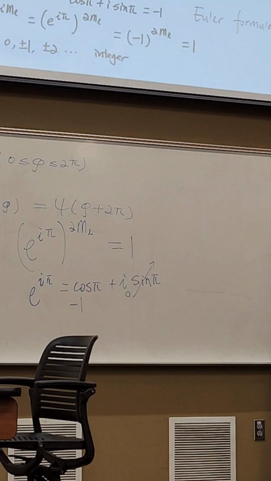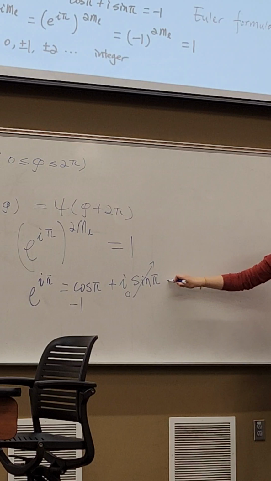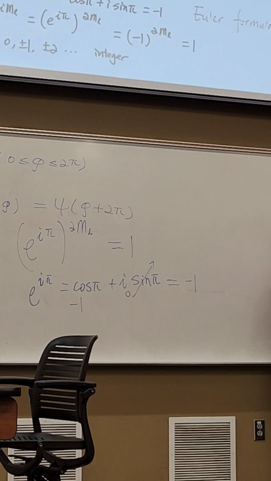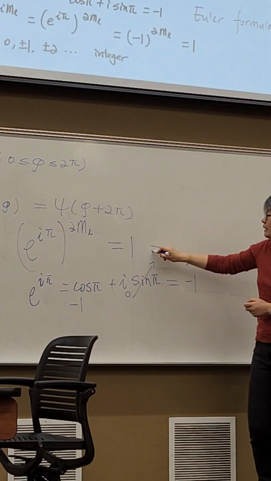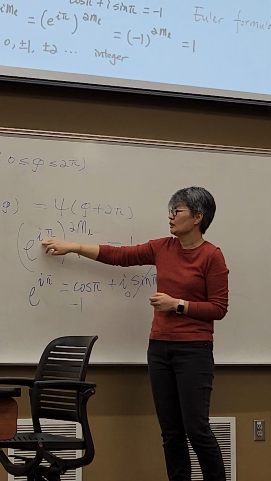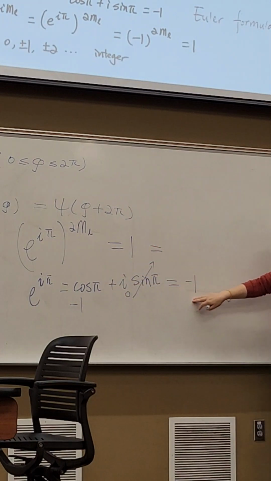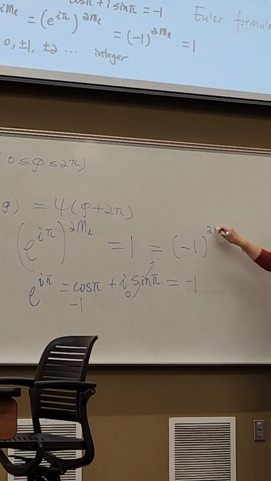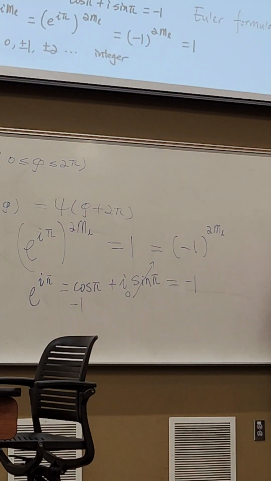So therefore, e raised to the i pi equals -1. Any questions on this? Now if we plug it in here, e raised to the i pi is equal to a constant, so you plug in -1 raised to m sub l.